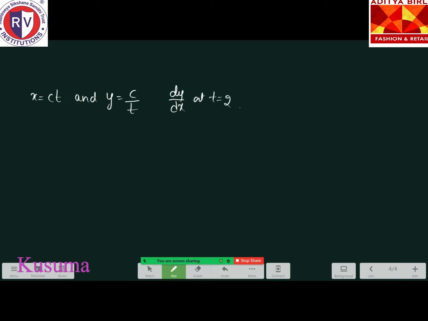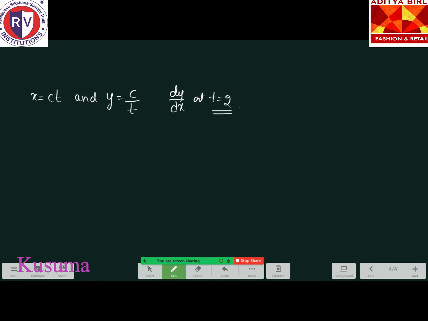So clearly here x and y are functions of t. So what you have to do, you have to first find out dx by dt, then you have to find out dy by dt. Using those two, you have to find out dy by dx, and then whatever the dy by dx you get, in that you have to put t is equal to 2.